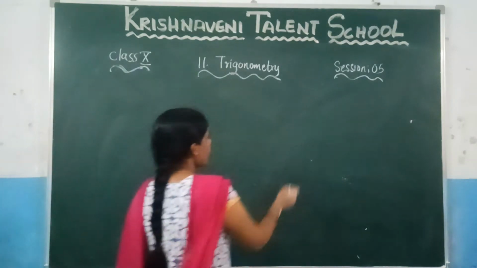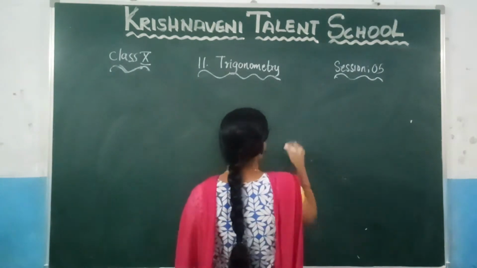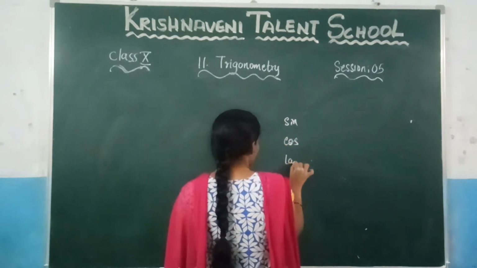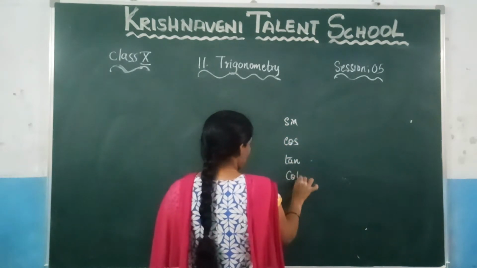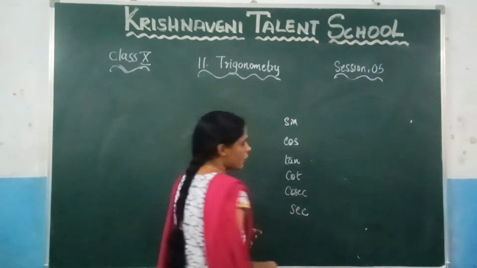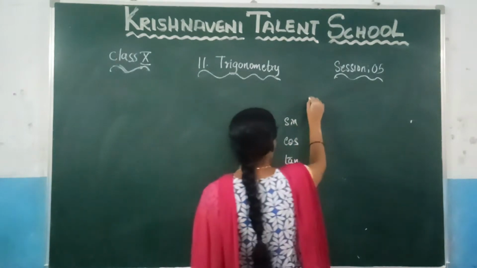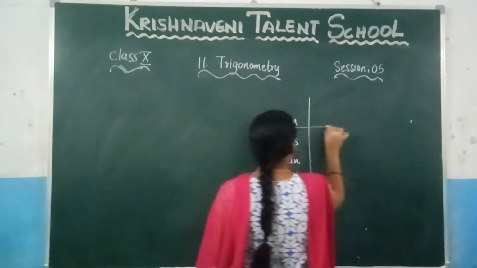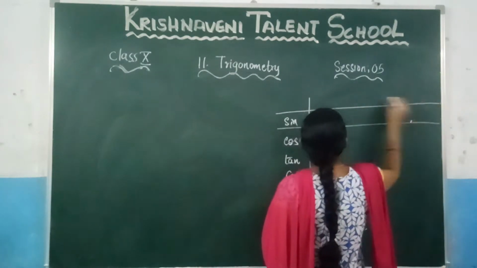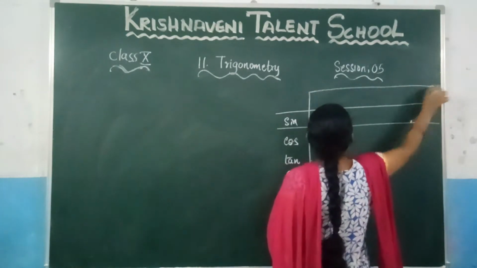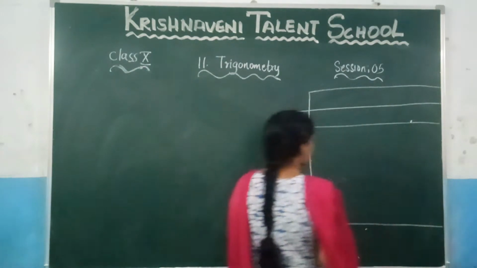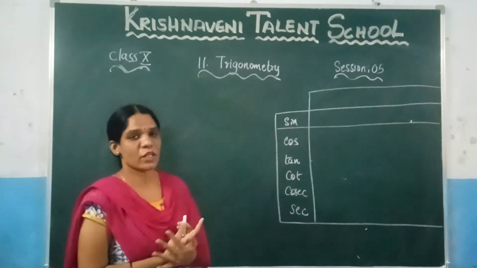Before that, I am drawing one table: sin, cos, tan, cot, cosecant, secant. And these are the things we are going to discuss now. So, what are the specific angles we are talking about?